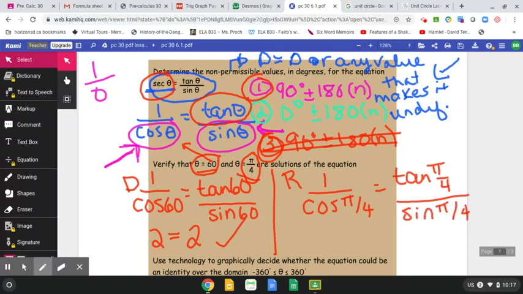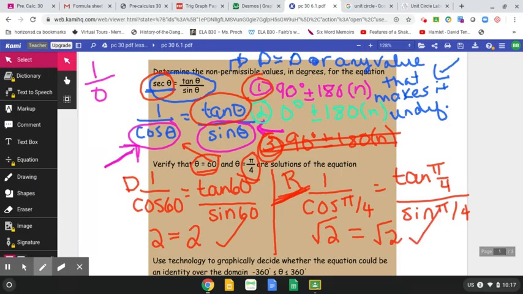Now, what mode should your calculator be in this time? It better be in radians or you're going to get the wrong answer. So go 1 divided by cos pi over 4, and you should get 1.414, or if you have a lovely calculator, it will just say root 2. Those ones are the best. And then tan pi over 4 divided by sine pi over 4 is root 2 as well, or 1.414.